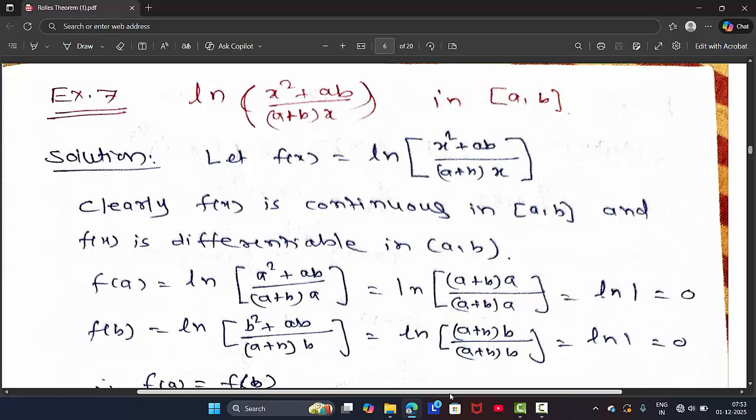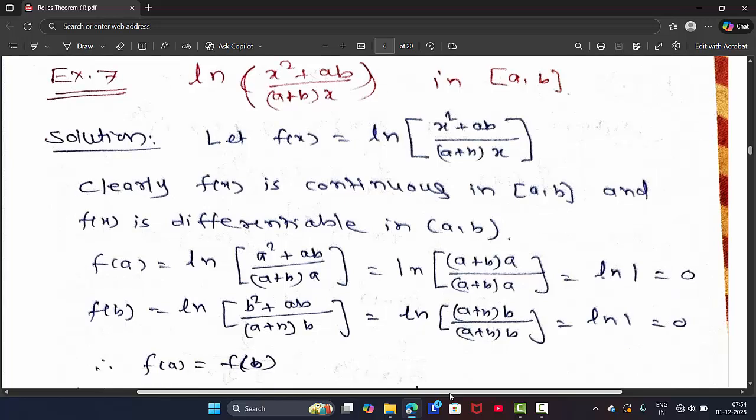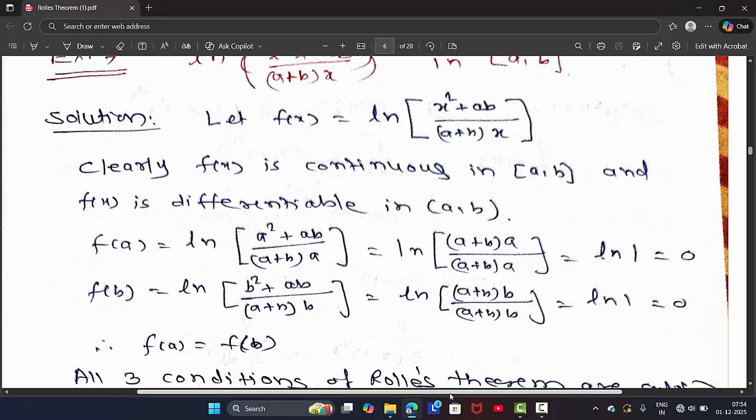It is continuous in the closed interval a, b and it is differentiable in the open interval a, b, and f of a equal to ln of (a square plus ab) divided by (a plus b) into a, which equals ln of (a plus b) into a, as a can be taken common, divided by (a plus b) into a, which is nothing but 1. So f of a equal to ln of 1, which is 0.